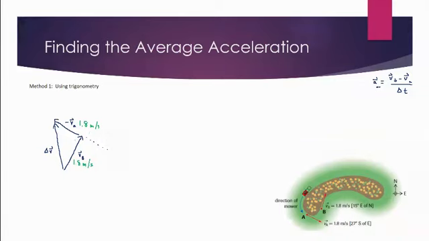We'd like to find delta V. To do that, we need to have an angle in this triangle. So we are going to use some of the information from the question to do that.